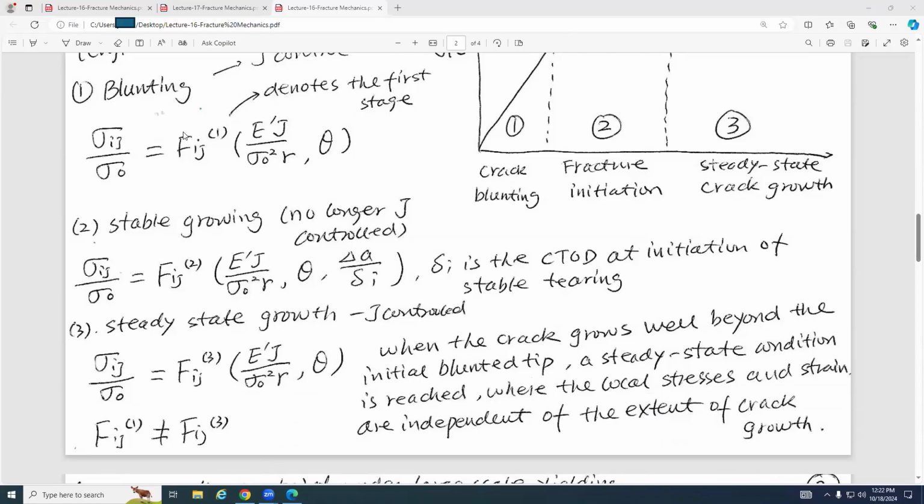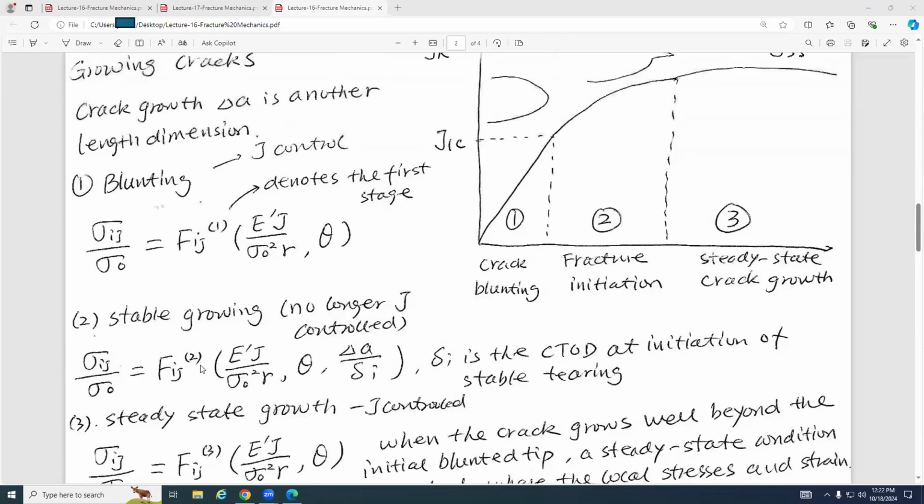Please note, this first function and this third function are different, right? Even though we call them sigma ij, there is a superscript: 1 for the first stage and 3 for the third stage. Are you guys okay?